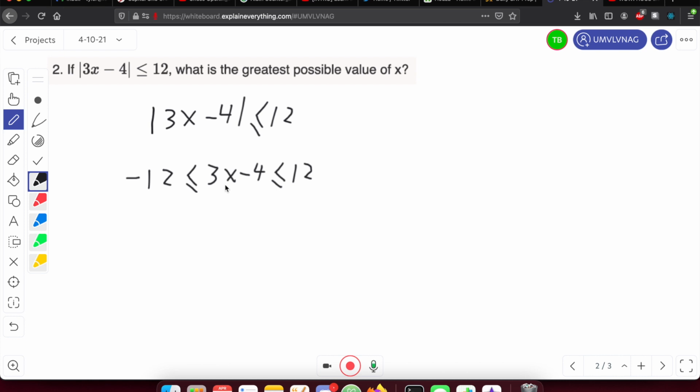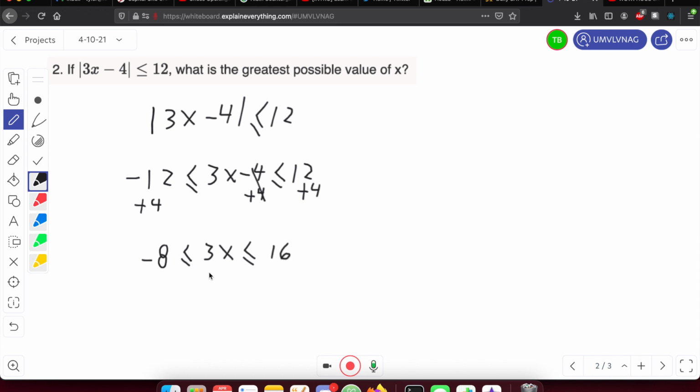Now we want to isolate the x component, so we're going to add 4 to all terms. Remember that what you do to one piece, you have to do to another piece. This will cancel. Negative 12 plus 4 is negative 8, less than or equal to 3x, which is less than or equal to 12 plus 4, which is 16.